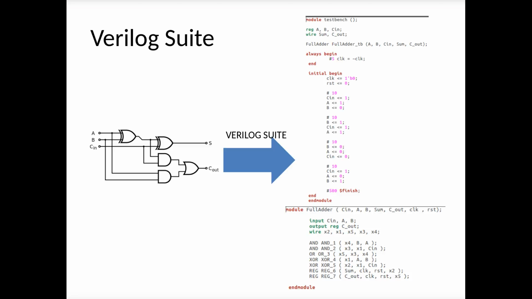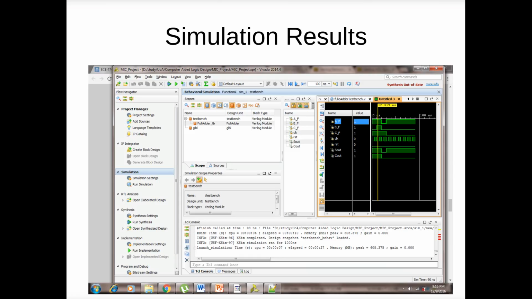When it is taken through the Verilog suite, it will convert this diagram into Verilog code and a corresponding test bench that is required to test its results. This is one of the simulations that I ran using a compiler known as Vivado by Xilinx, and it shows that our design is working fine with these results.